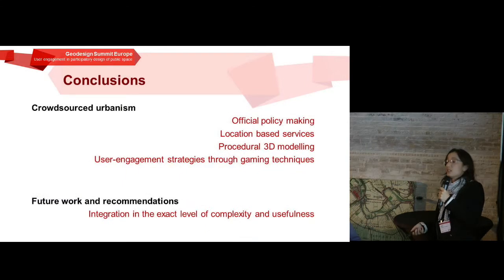So the conclusion is that this idea of application could implement this concept of crowdsourcing urbanism by mixing very complex concepts like policy making, technological things like location-based services and procedural modeling, and other social trends like user engagement strategies through gaming techniques.